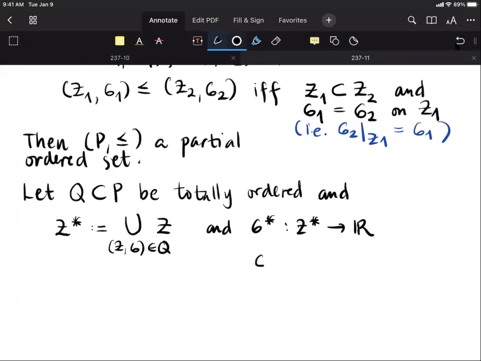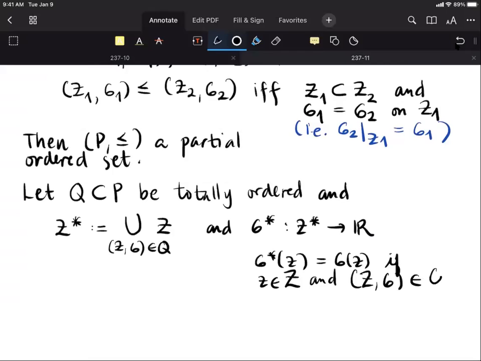G star of z is equal to G of z if z is in capital Z and the pair Z, G is in Q.